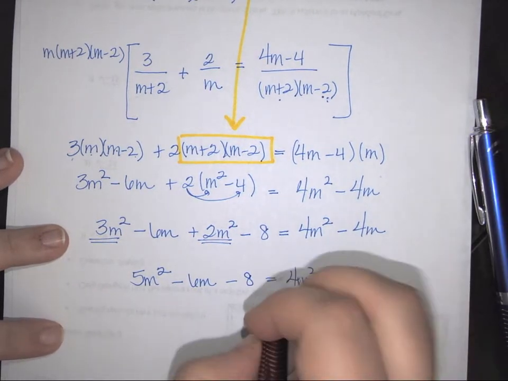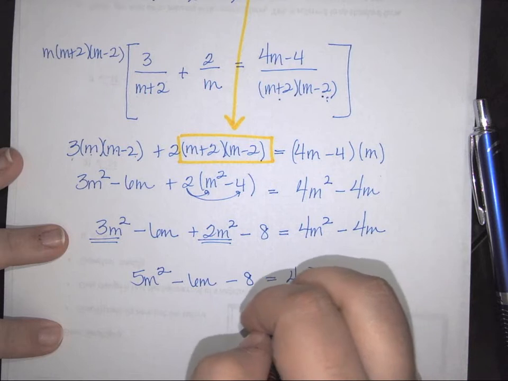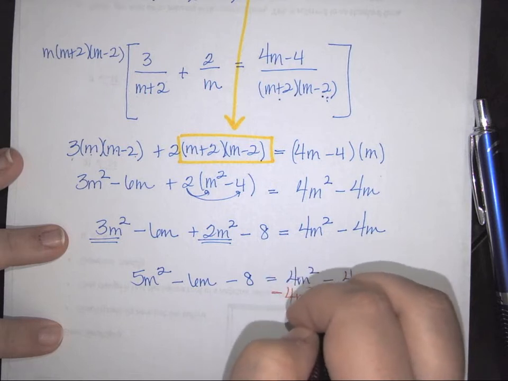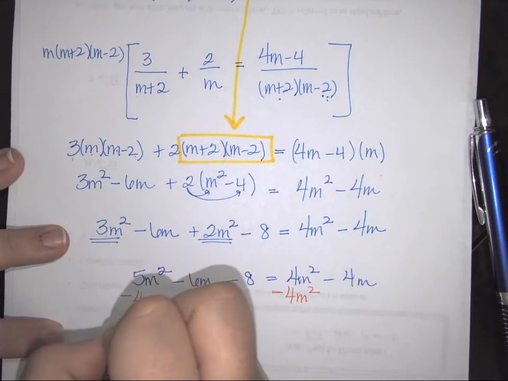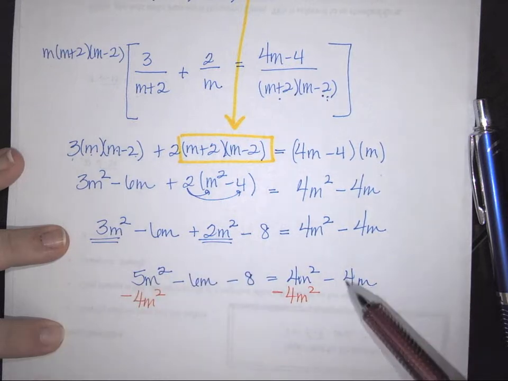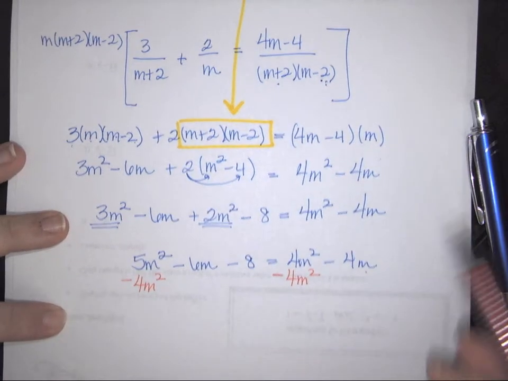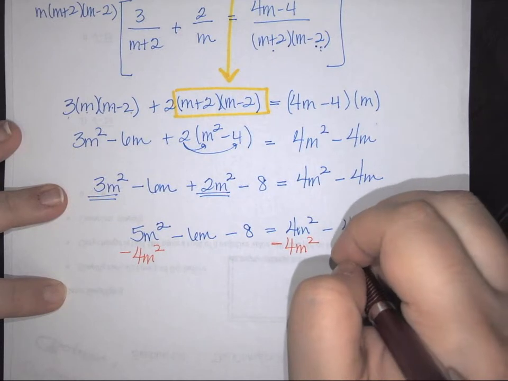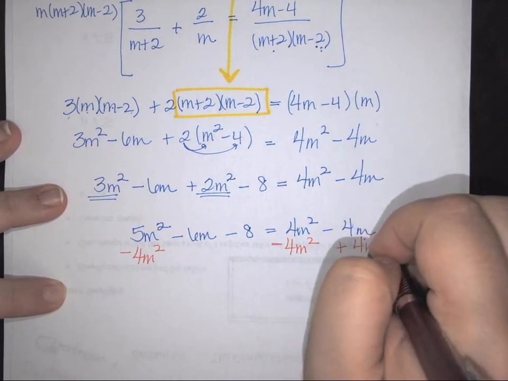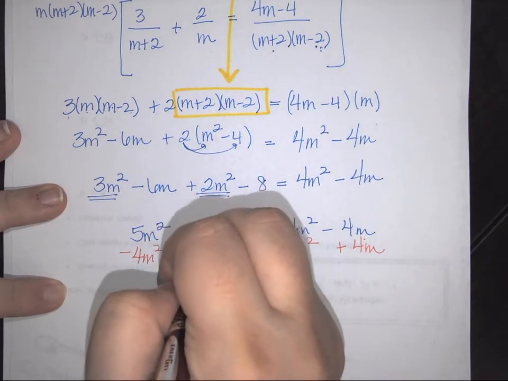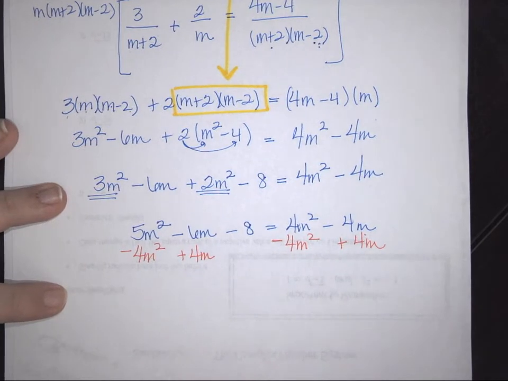I have to move these, so because this one's positive, I have to subtract it from its proper spot. I also have to move this back end because it is already negative, means I have to add. So I have to add it to the proper place.